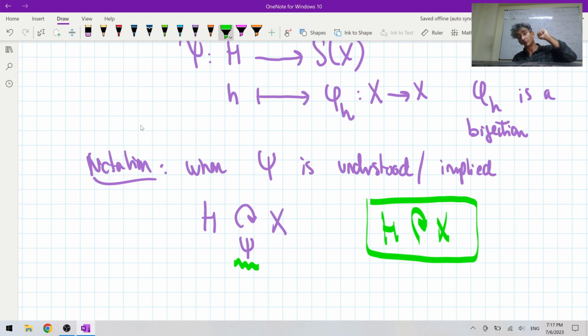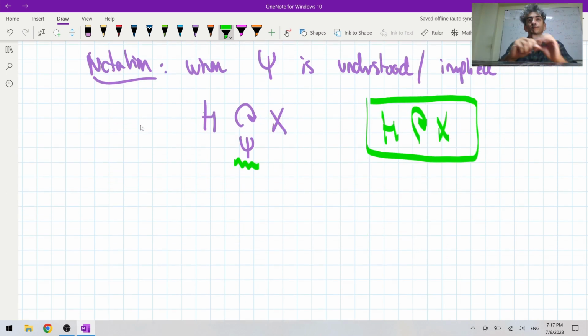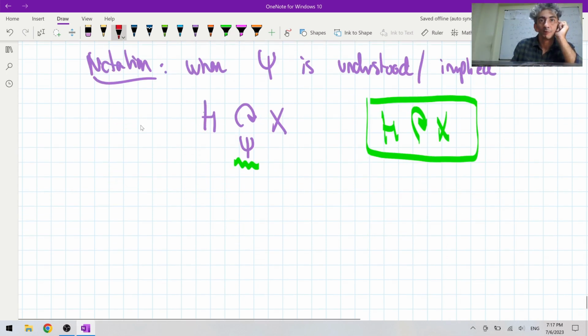So there are many things to say about actions. We're going to go deeper in a different video, but we need to say one thing. Whenever we have an action, we're going to have an equivalence relation on X. Observation / theorem.